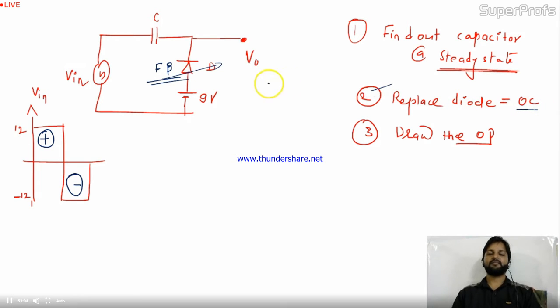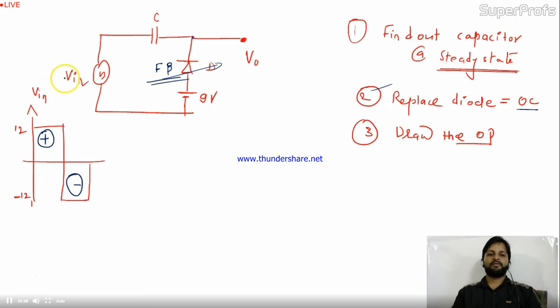When the diode is open circuit, the entire input and this will come with V0. When it is in forward bias, definitely it will be in the negative cycle. In the negative cycle, automatically the voltage is less than 9 volt, and throughout this negative half cycle the diode will be completely in forward bias.